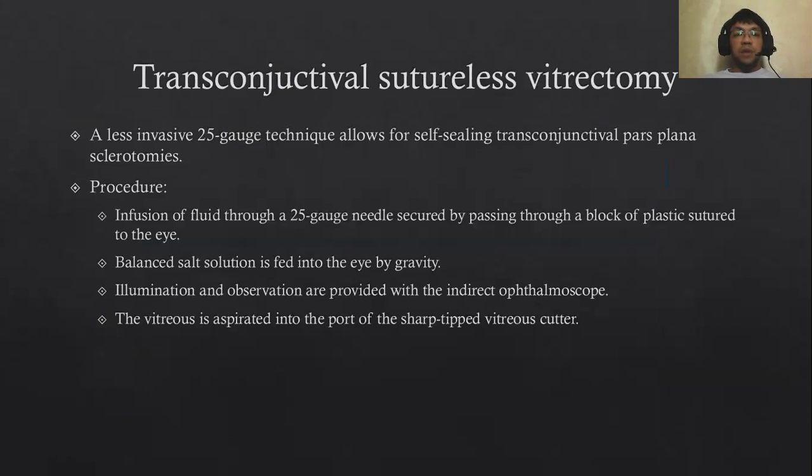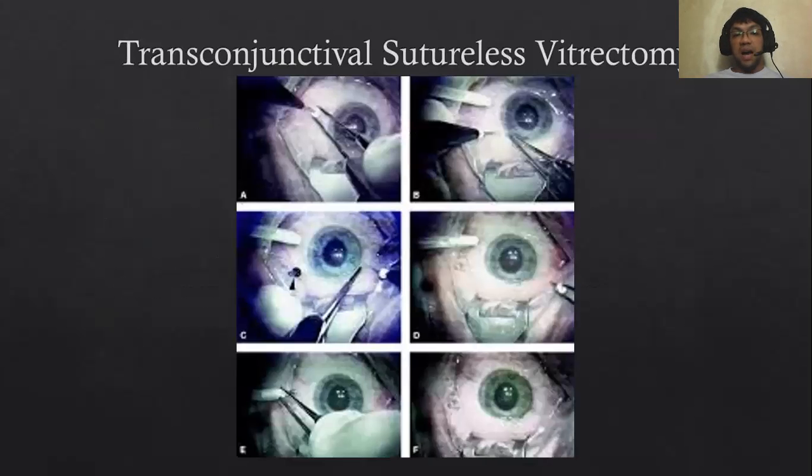Another procedure is transconjunctival sutureless vitrectomy, which is a less invasive procedure where a 25 gauge technique allows for self-sealing transconjunctival pars plana sclerotomies. How do they do this? They will infuse a fluid through that 25 gauge needle secured by passing through a block of plastic sutured into the eye.